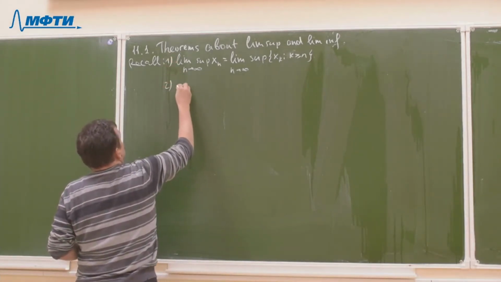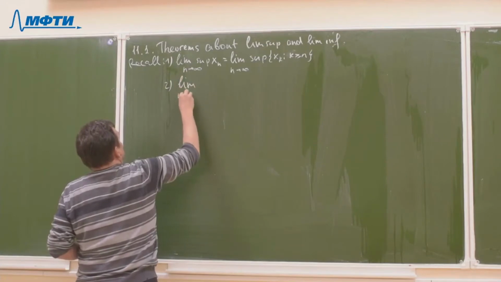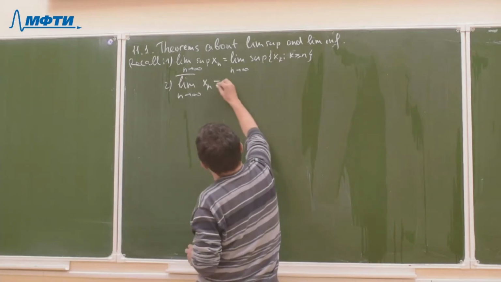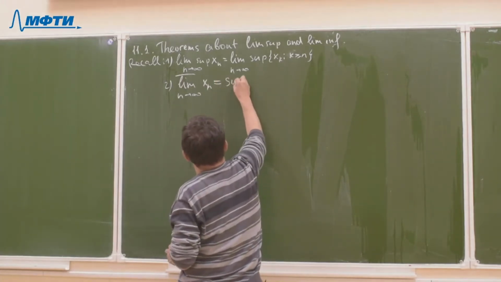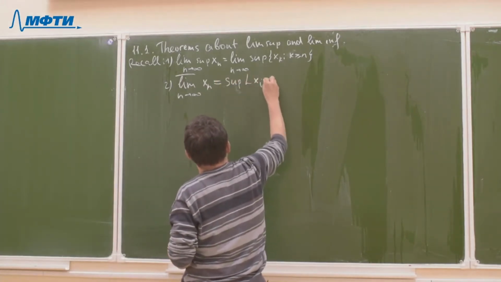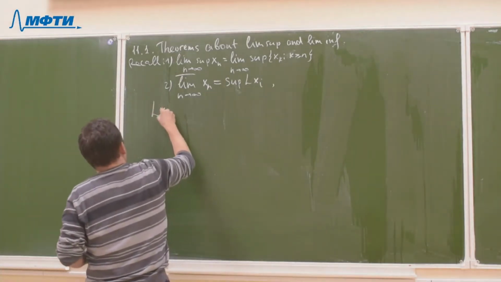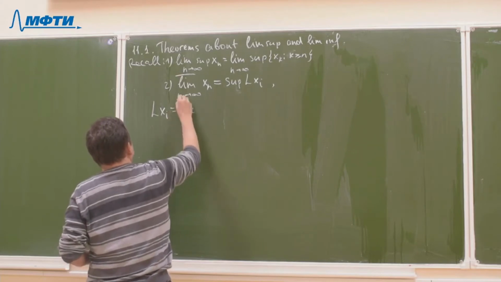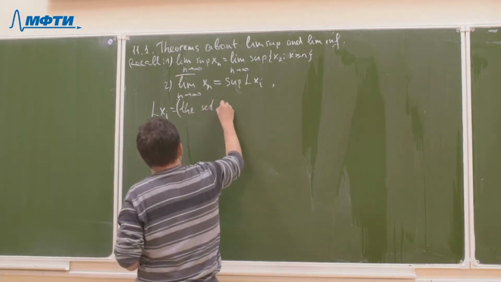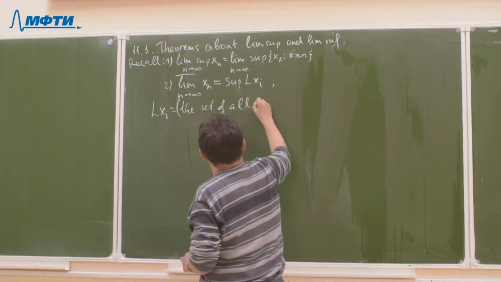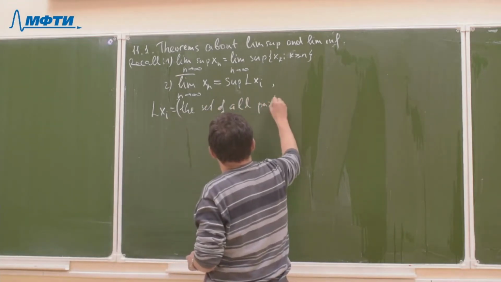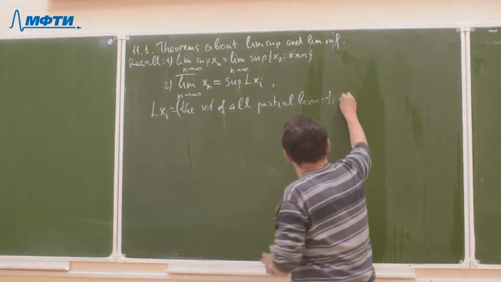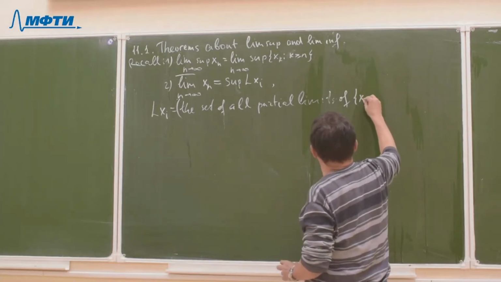That is one definition. And the second definition is the limit superior of xn is equal to the supremum of L(xi), where L(xi) is the set of all partial limits of the sequence xn.